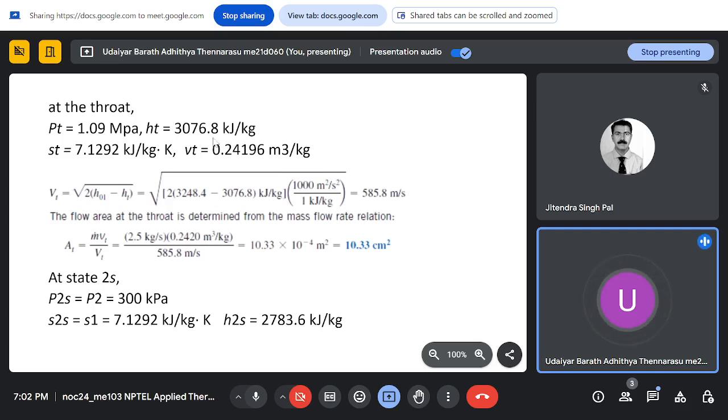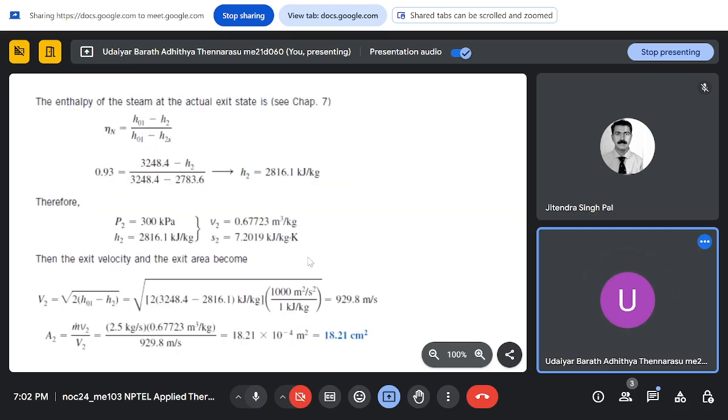Now the exit pressure is given as 300 kilopascal, and my entropy is also the same, 7.1292, so I can estimate the enthalpy, which comes out to be 2783.6 kilojoule per kg. But what is given is that the nozzle is 93% efficient. Your nozzle efficiency is defined as inlet enthalpy minus exit enthalpy divided by inlet enthalpy minus the ideal enthalpy at exit.